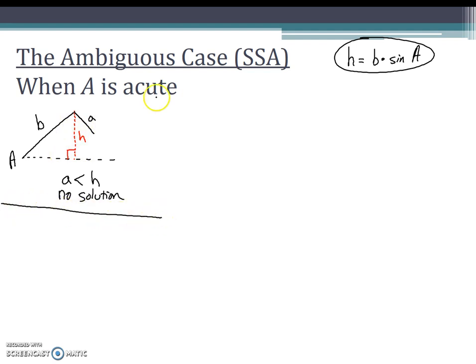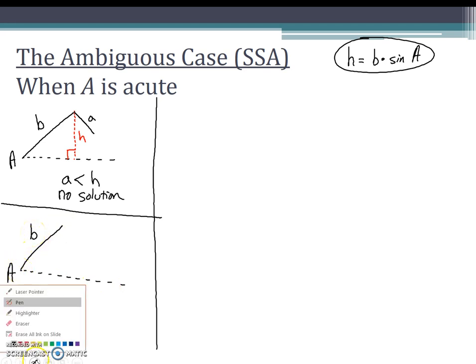All right. So let's see what happens in another scenario. Let's start with the same picture. Here's angle A, little b attached to it. And let's calculate h. We get some value h. And what would happen if, let's just say that a were equal to h.